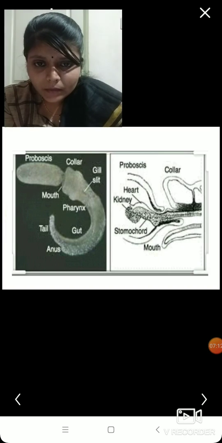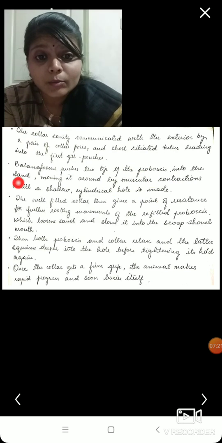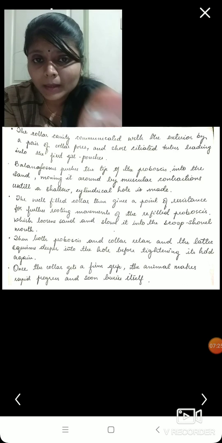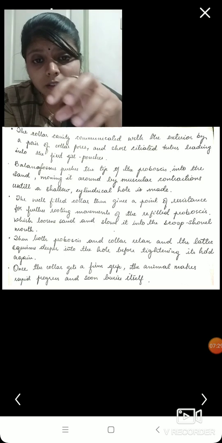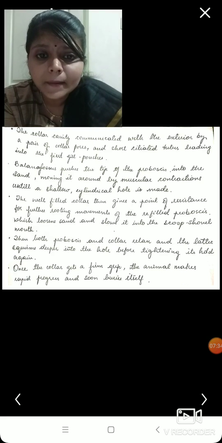I'll tell you what that is. The Balanoglossus pushes the tip of the proboscis into the sand, moving it around by muscular contractions. That's the muscular layer which I showed you, until a shallow region comes, and it completely penetrates inside the sand.